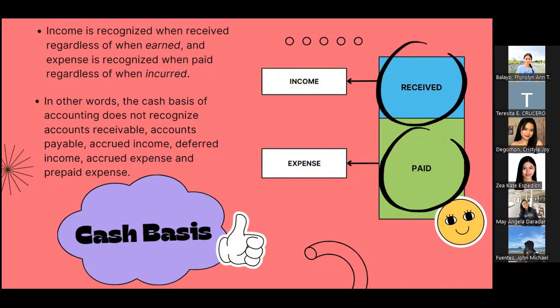So again, we need to take note na sa cash basis of accounting, ang income, gina-recognize naton when received, regardless kung kaisa natin siya na-earn. And ang expenses, gina-recognize natin when paid, regardless kung when man siya na-incur.